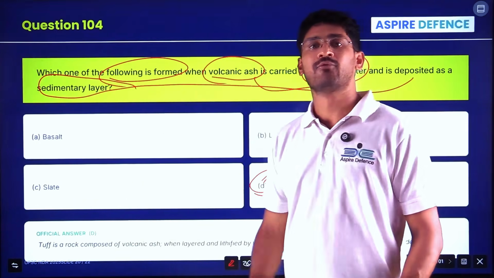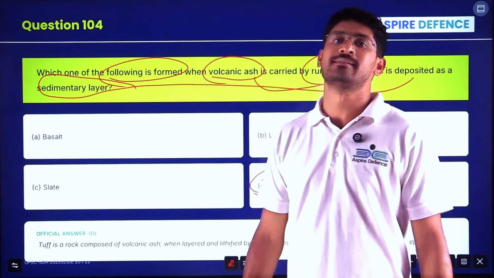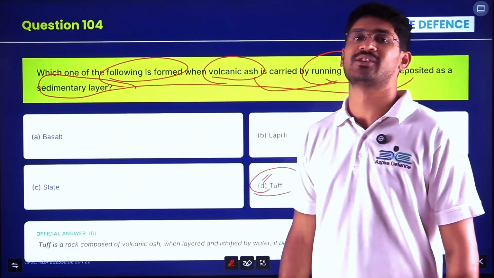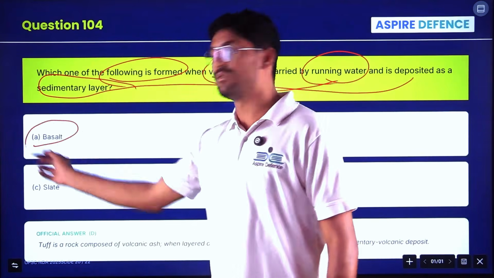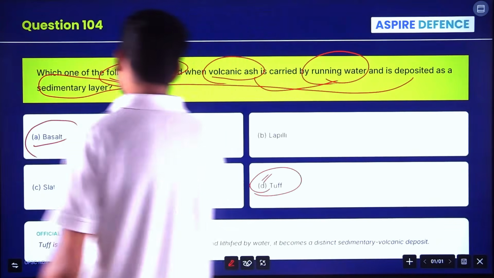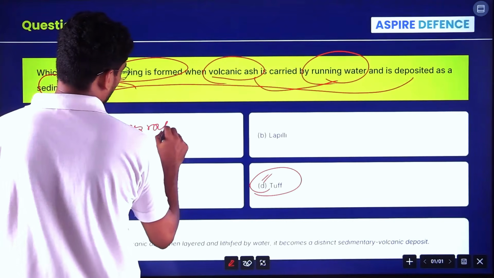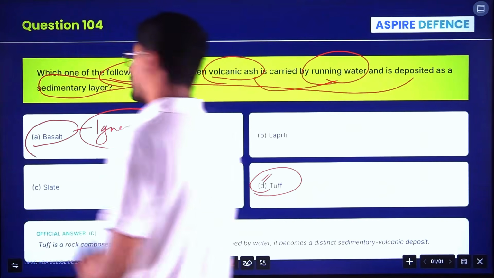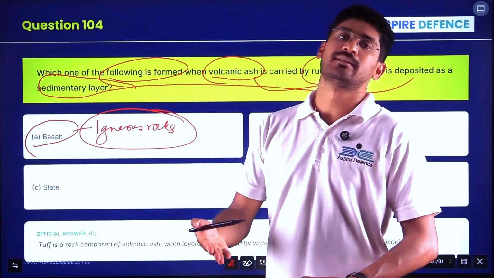Answer me, when volcanic rock, lava flows, when it forms, what will be the answer? Answer me in the comment section. What is the answer? It can be basalt. Those are also called igneous rocks. It can be inside the Earth's surface or above the Earth's surface.